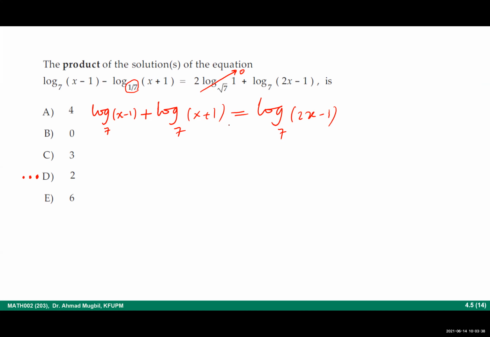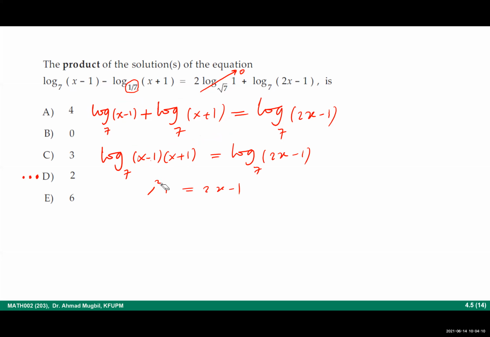Now the next step, Shabab, is to combine these. This will be log 7 of x minus 1 times x plus 1 equals log 7 of 2x minus 1. Now here, Shabab, we have the same log, the same base, so now the arguments are the same. What is this argument? This is just x squared minus 1 equals 2x minus 1.